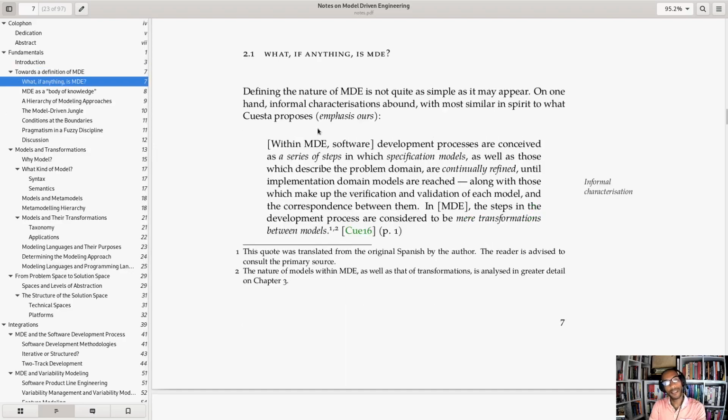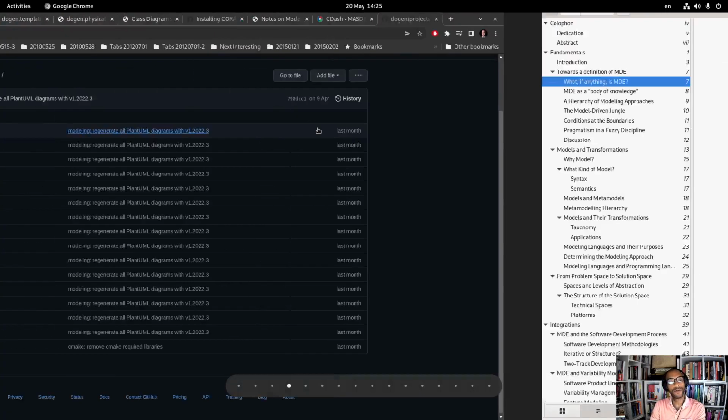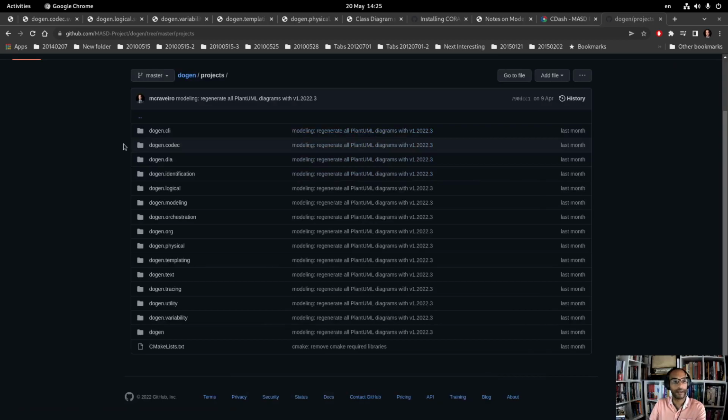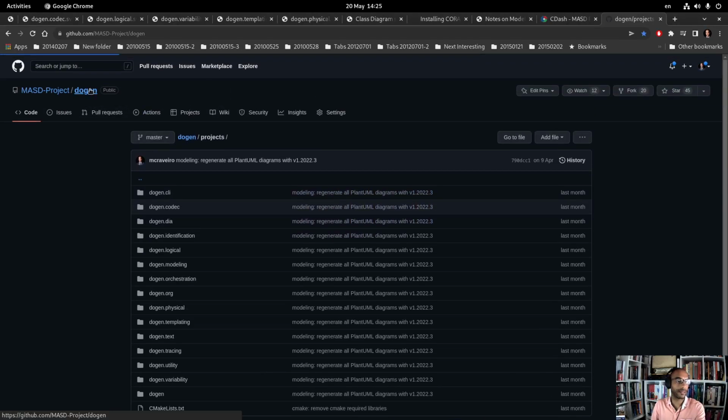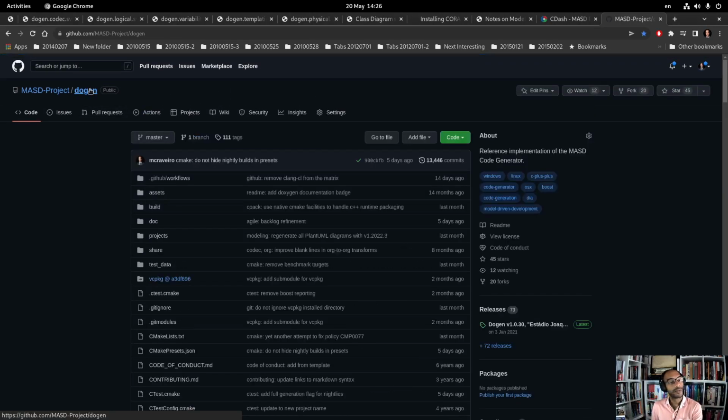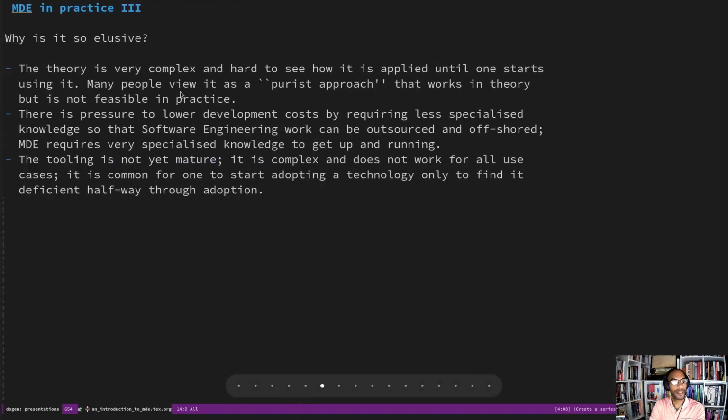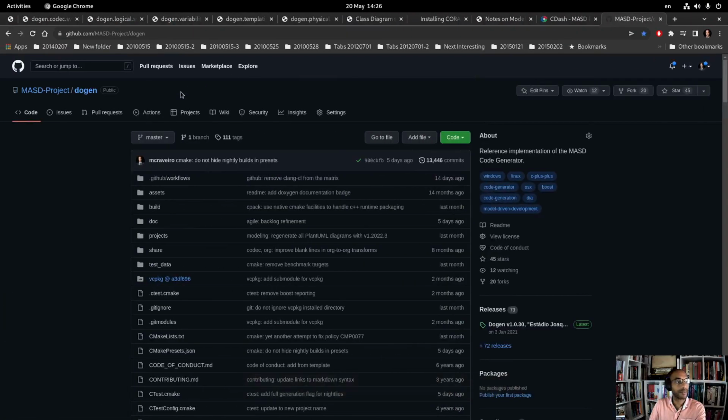As a software engineer like myself, how did I get involved in all this? To be honest, this is also a good way of connecting the dots. I got involved in model-driven engineering purely because since 2010 I've been writing a code generator called Dogen. I was part of a team working on a code generator, and if you're interested in that, I have written a paper on this subject.